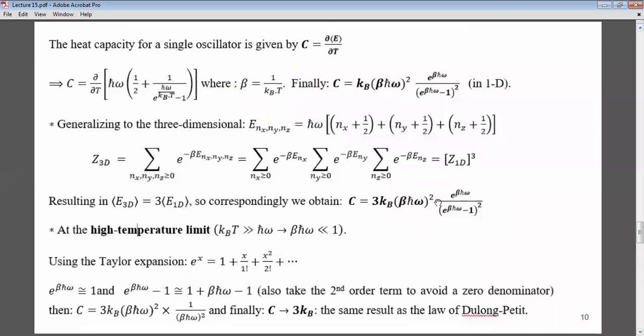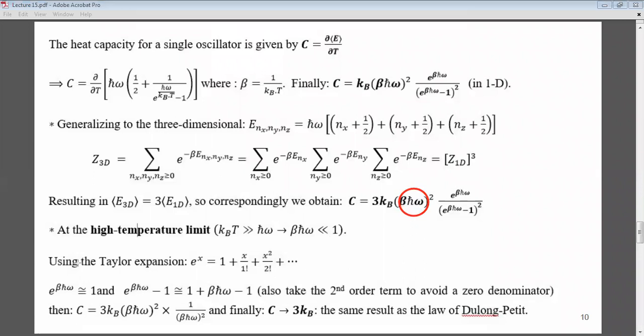But we are interested in looking at particular values, at very high temperatures. High temperatures means KBT is much bigger than h bar omega, so beta h bar omega will be very small.